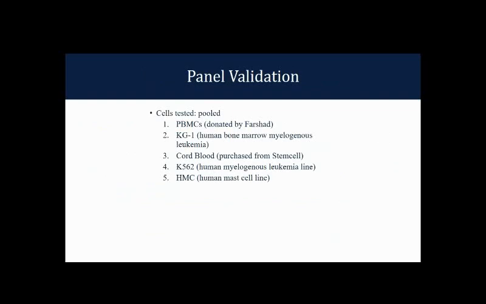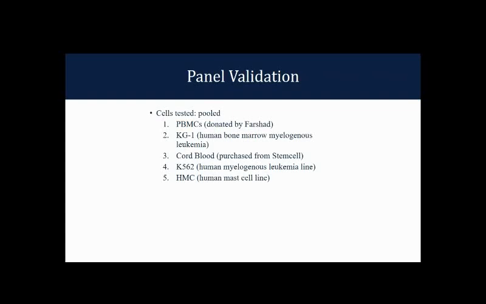To give you an example of a panel validation experiment, this is one that I recently completed for Kelly. We had a few markers that we wanted to add to an existing panel. To validate that the antibodies are working properly, I'll take a cocktail of cells, and I'm certainly willing to grow up new or receive new cell lines to test this.